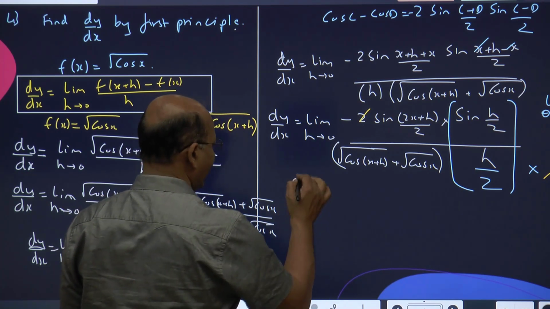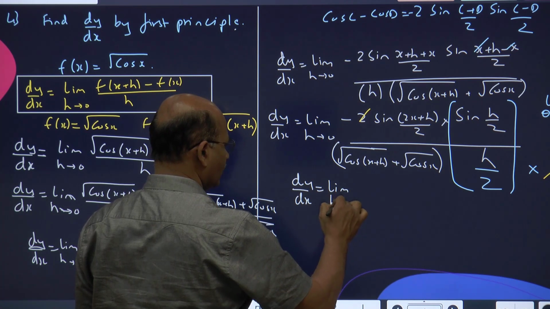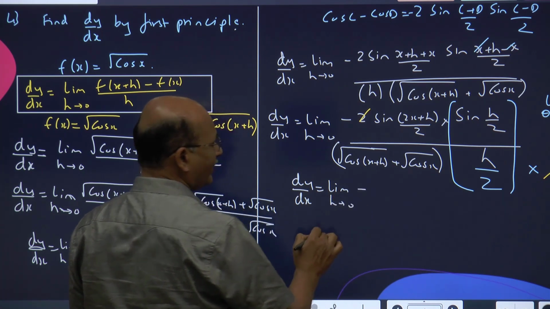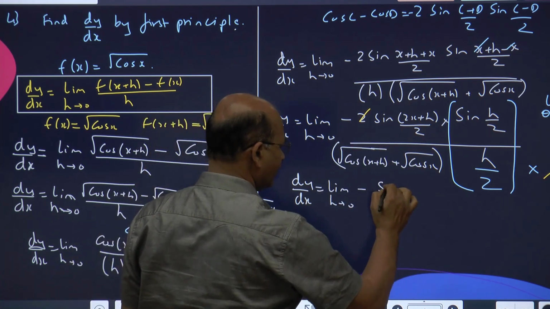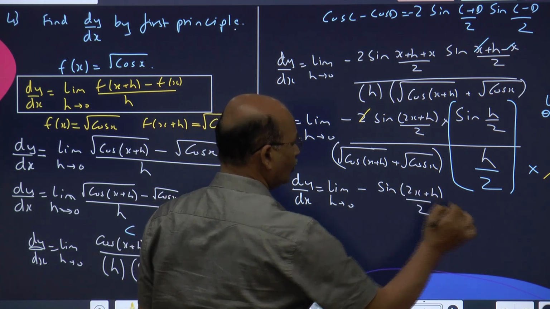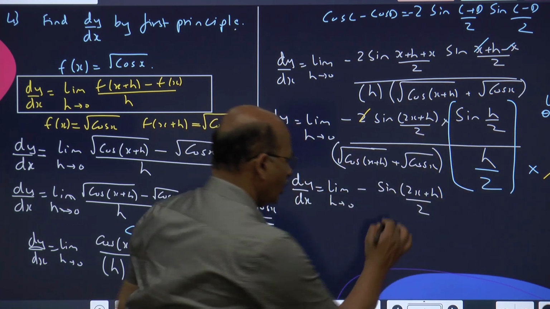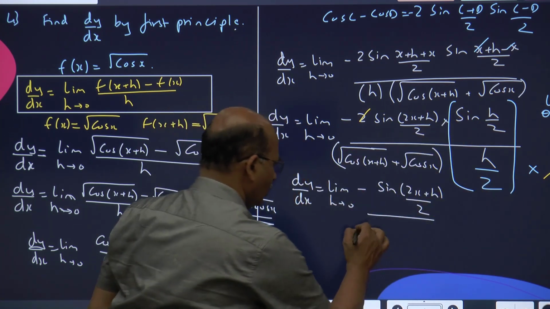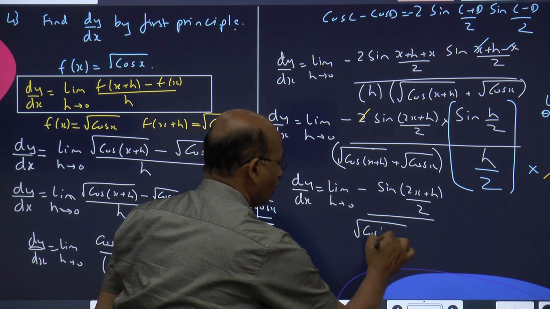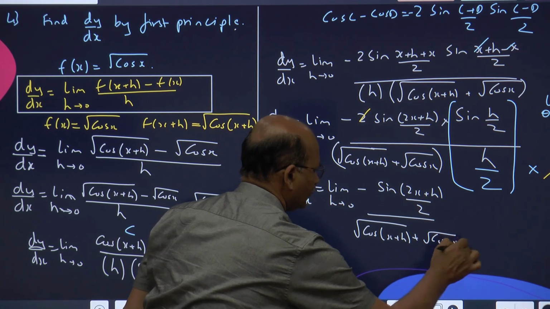So dy by dx is equal to the limit as h approaches 0 of minus sin of (2x plus h) upon 2, which will remain as it is. This will be 1, there is nothing here, and the denominator is left: root of cos of x plus h plus root of cos x.